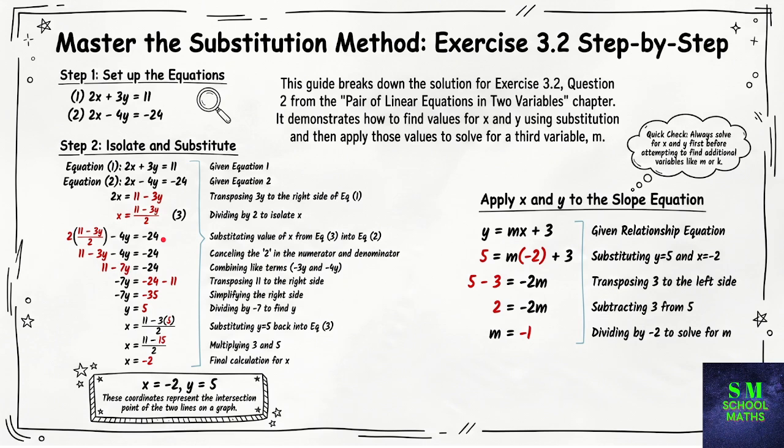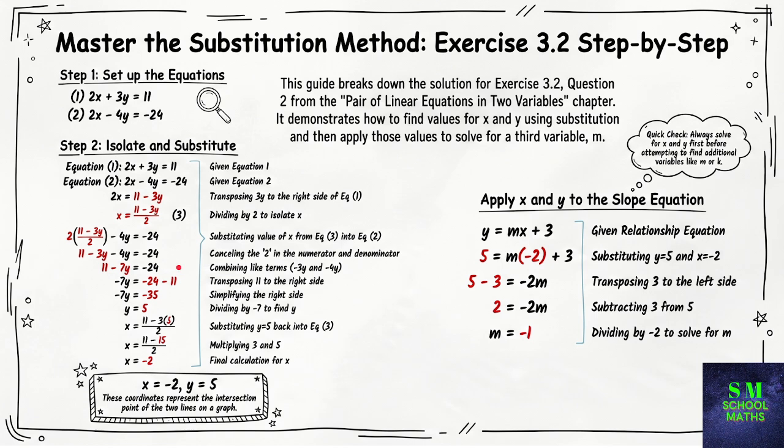That leaves us with a much cleaner line: 11 - 3y - 4y = -24. Combine the like terms, that is -3y and -4y, which gives us -7y. The equation now is 11 - 7y = -24.